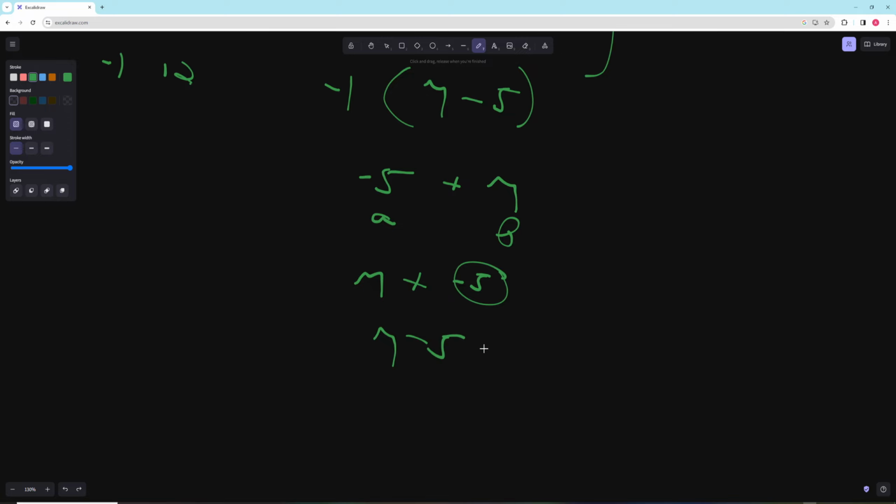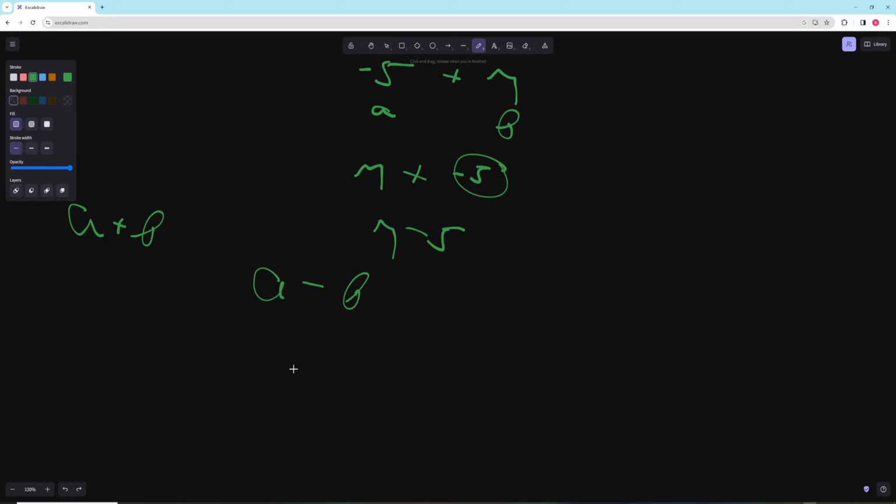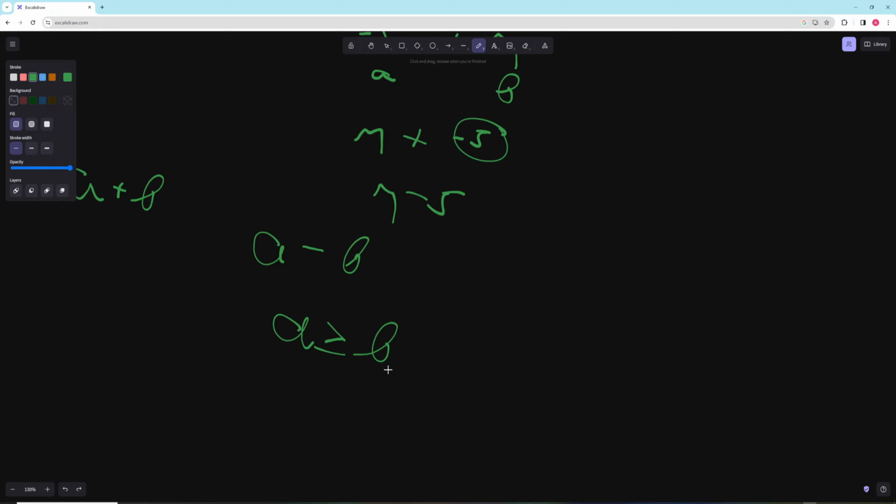So we're going to always convert our numbers to a format where it's either a plus b or a minus b, where a is greater than or equal to b. Now that we know that, it's just going to be a bunch of if-else if statements. No matter what numbers you get, it's pretty easy to convert.